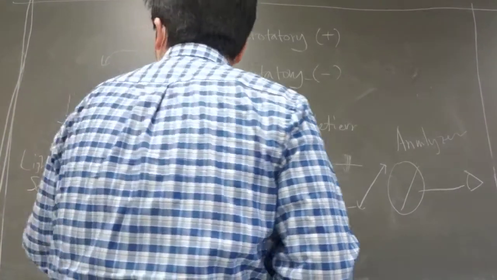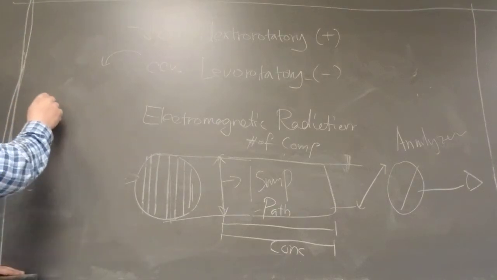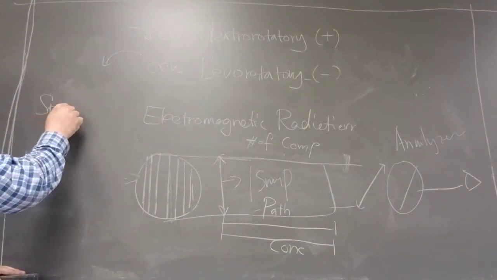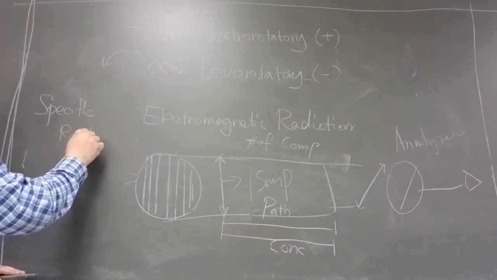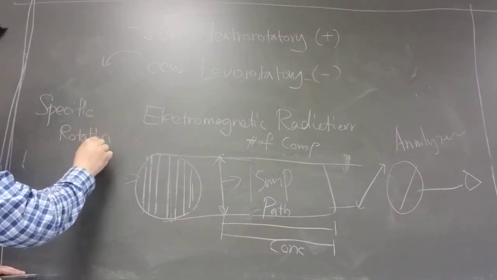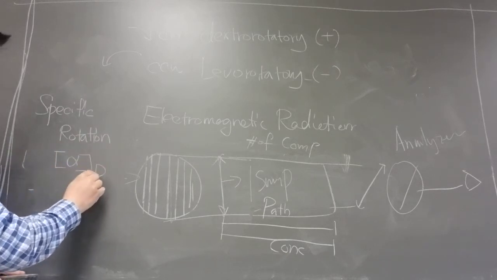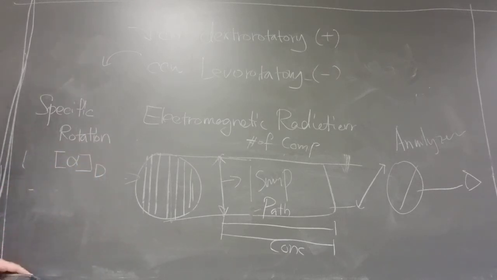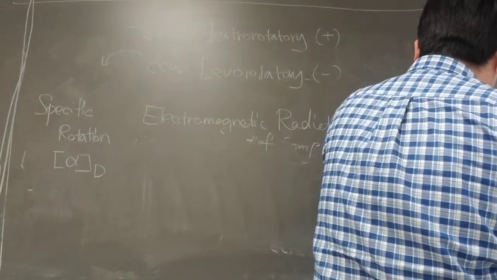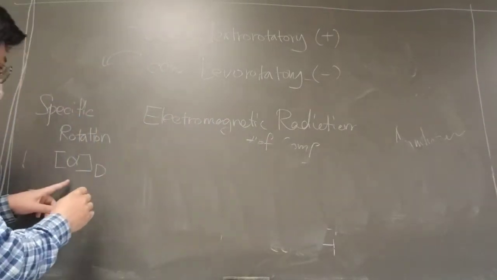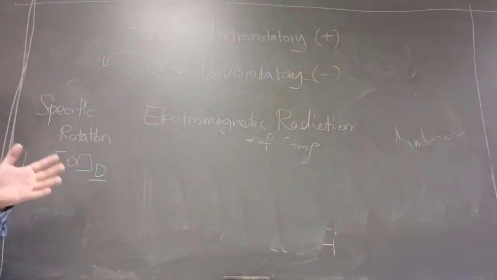We call this specific rotation, and the symbol for this is alpha in brackets with D. This D is from our reference light source.